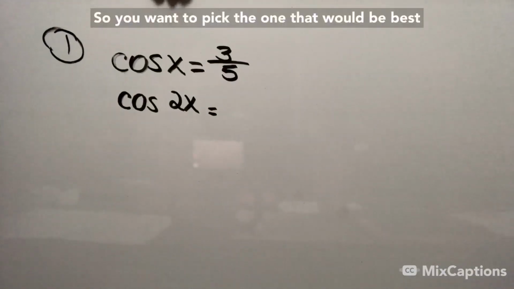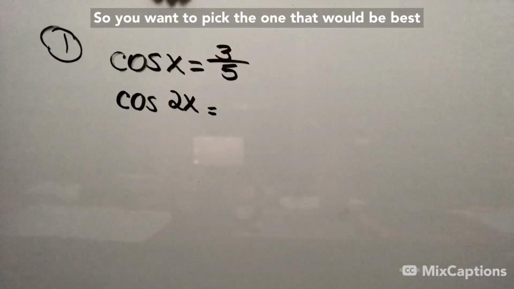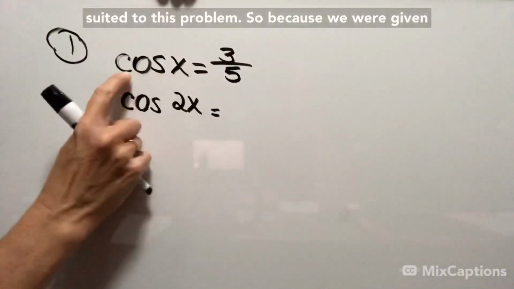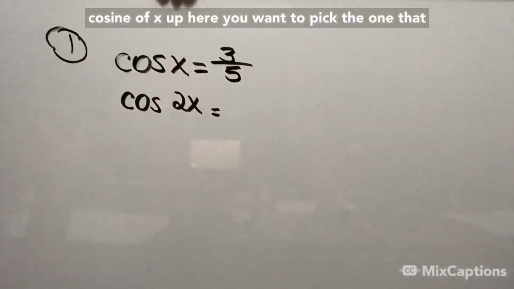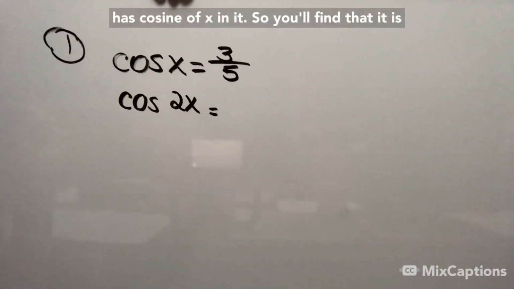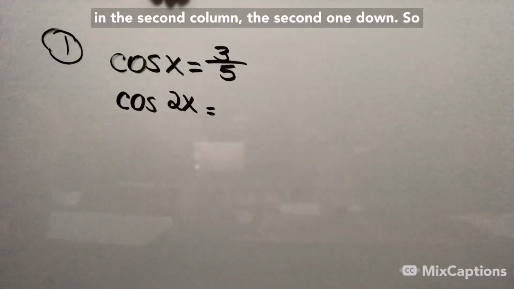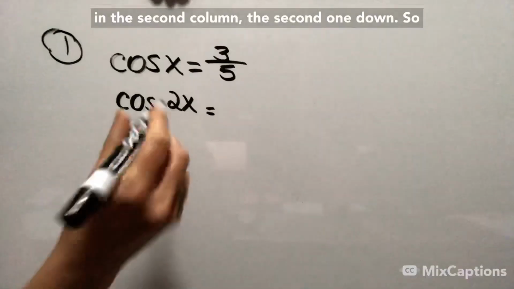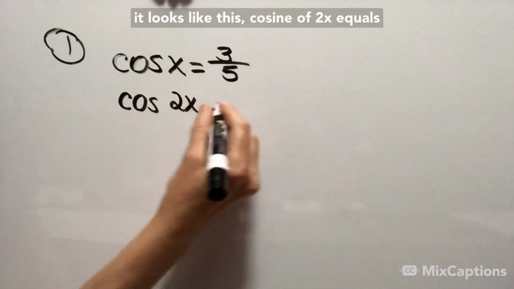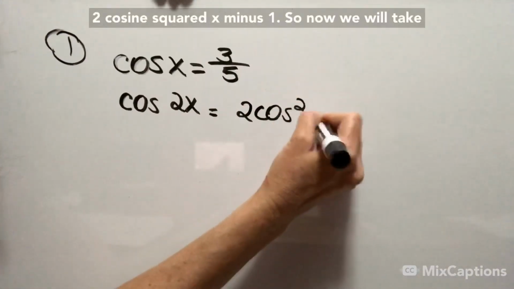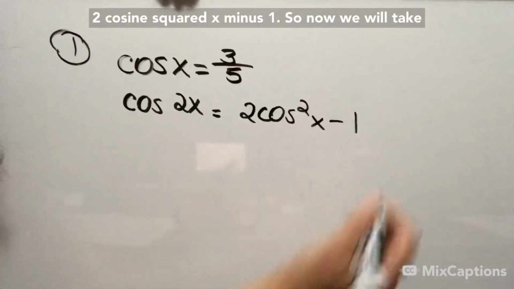So you want to pick the one that would be best suited to this problem. Because we were given cosine of x, you want to pick the one that has cosine of x in it. You'll find that it is in the second column, the second one down. It looks like this: cosine of 2x equals 2 cosine squared x minus 1.